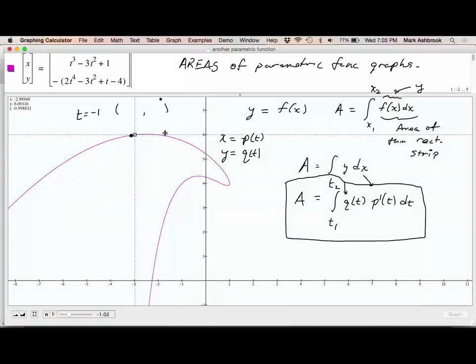We already did that earlier, right? What is it? -3, 6. Okay, so I want to look at starting there and ending at this x-intercept down here. This x-intercept is essentially t equals 1.451, and that ordered pair is -2.26, 0.